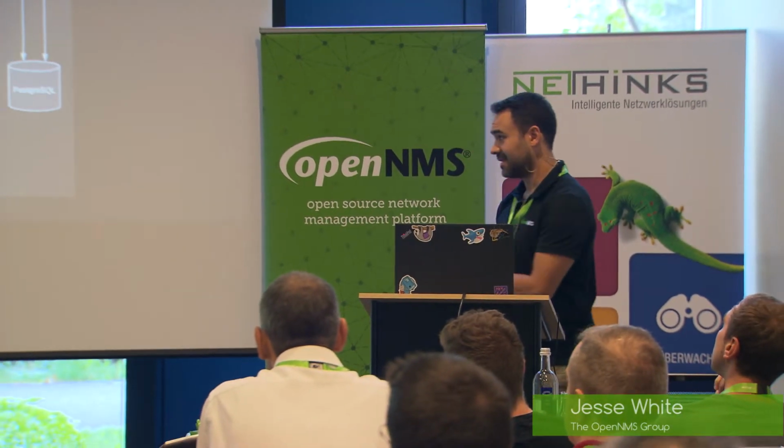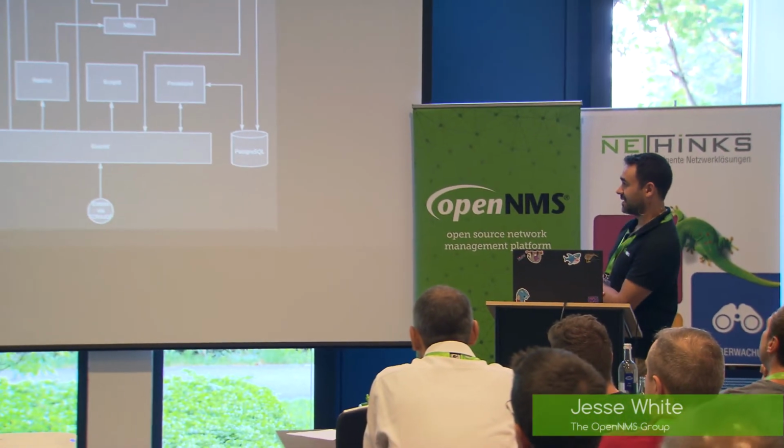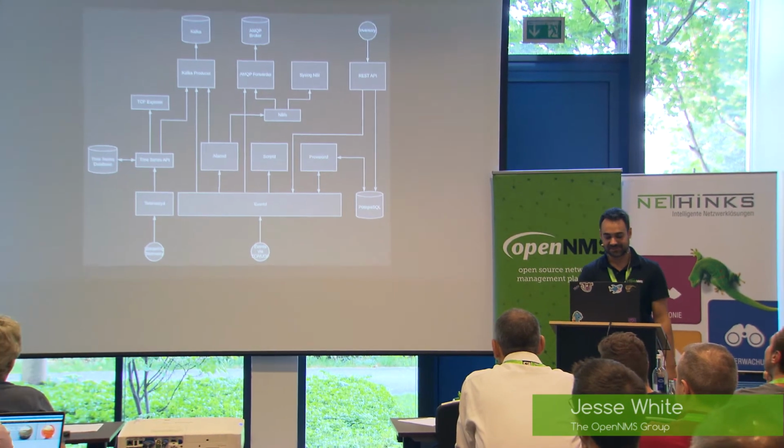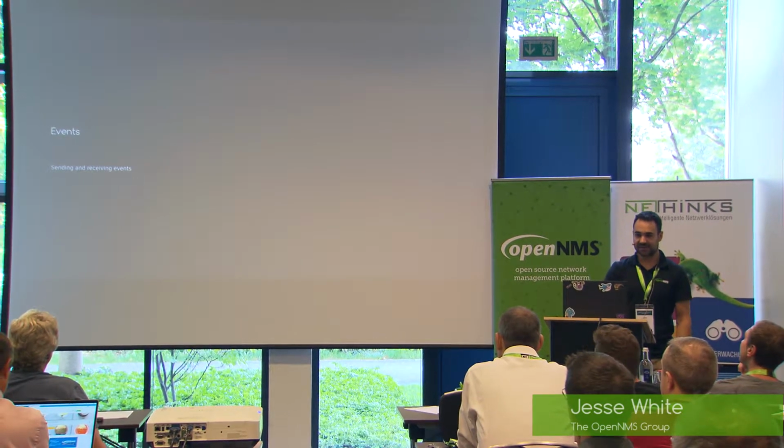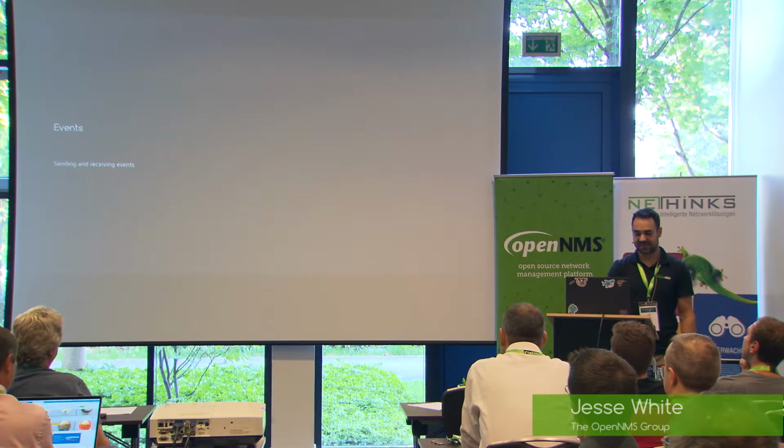Right at the bottom there we've got EventD, something you may already be familiar with, one of the core components in OpenNMS that allows the different components to interact with each other. We also have some components related to time series, the database, and all these things that plug in there. The goal is that after the talk, this should make a little more sense than it does right now.